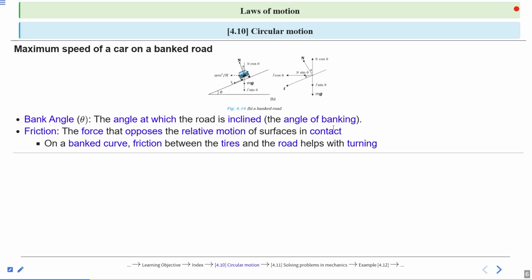It means the frictional force is an important factor on a banked road. It is responsible for the turning on a curved path.